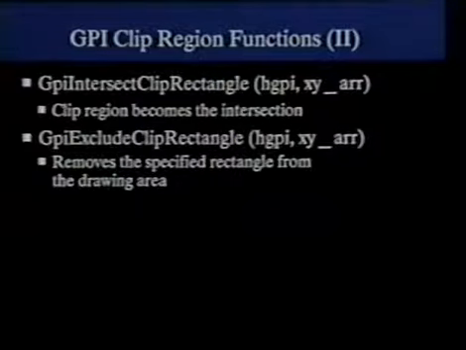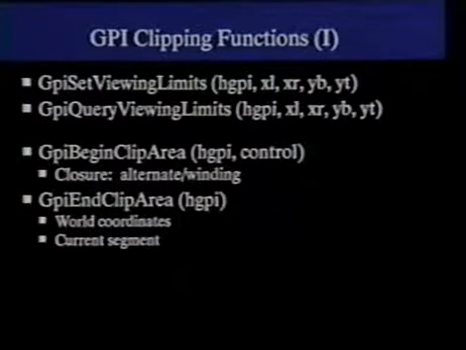Clipping functions are provided to support your use of viewing on the device, and the set viewing limits and query viewing limits have to do with a rectangle on the page. The begin clip area and the end clip area are your way of specifying a complex clip shape which may be made up of numerous line segments and parts of arc and, if you will, polygons which may have complex borders.